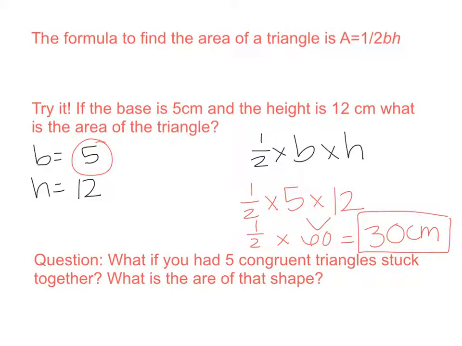Well, hopefully you thought in your mind that you need to multiply it. If you have 5 triangles that all have 30 centimeters, to find the entire area of the shape, you would do 5 times 30. Here's my 5, here's my 30, and it would give me 150 centimeters for the entire shape.